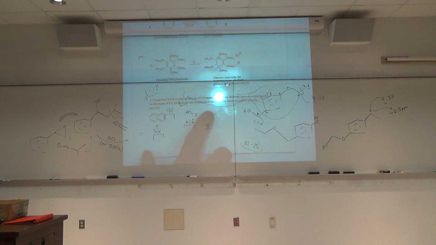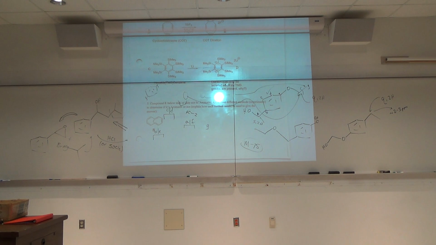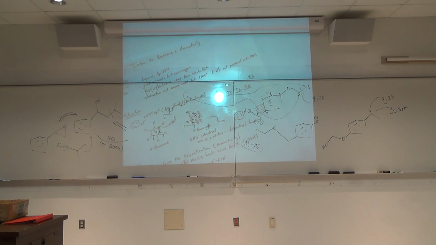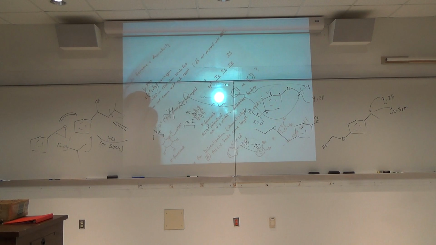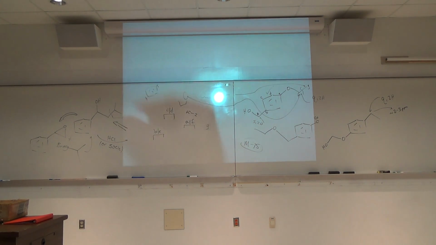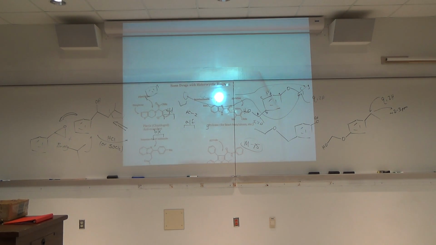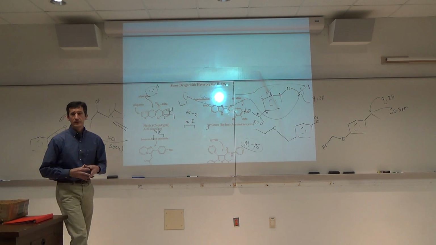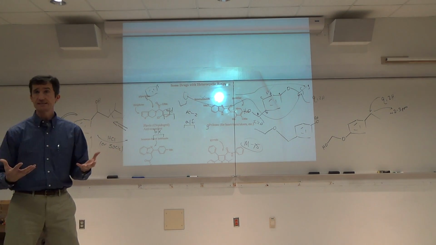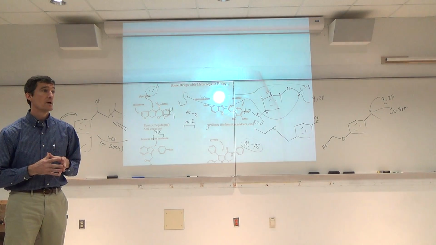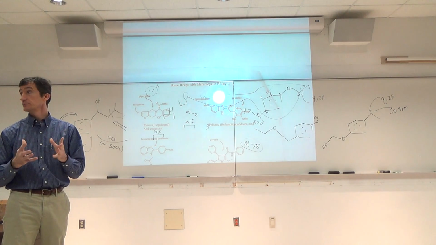Down here are some experiments to run to determine if compounds are aromatic or not. Lots of these, please look ahead at this for Wednesday. Here are some drugs. Not only do we have benzene, which is the granddaddy of all aromatics and just a hydrocarbon, we also have rings that have heteroatoms, like nitrogen and oxygen.